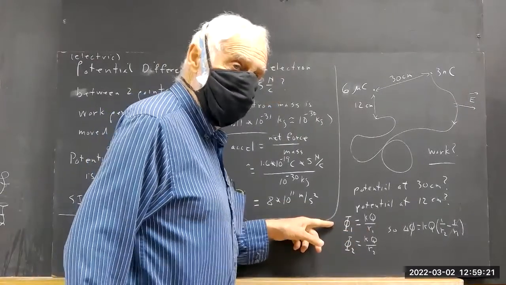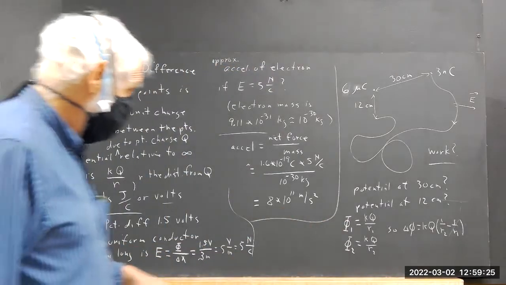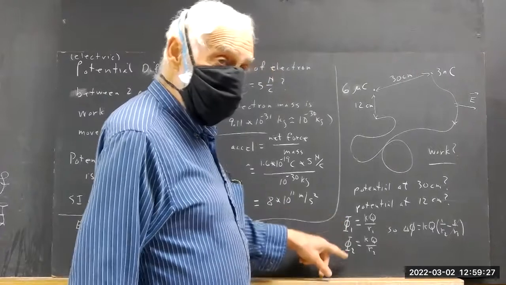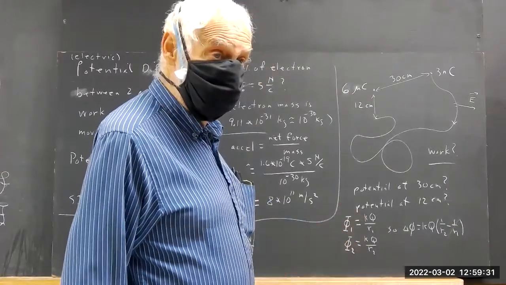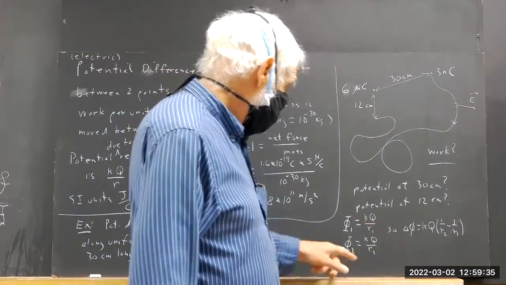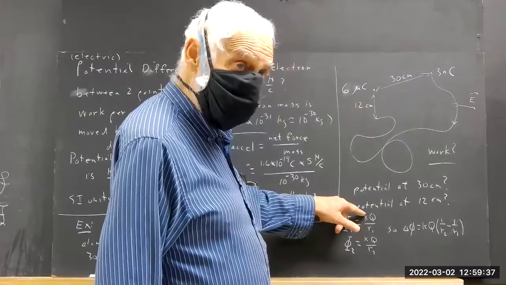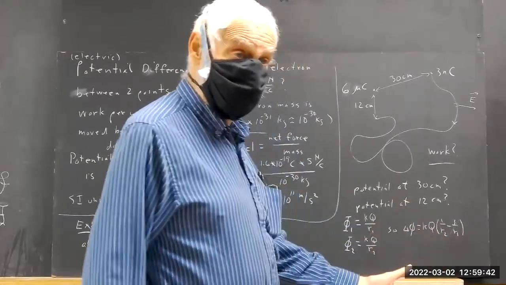Your potential is KQ over R. There's what it is. So phi 1 and phi 2 would be KQ over R1, KQ over R2. So the change in phi is going to be KQ over R2 minus KQ over R1. You factor out the KQ and you get this. That should be obvious.